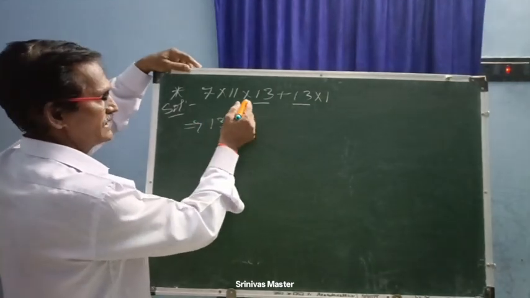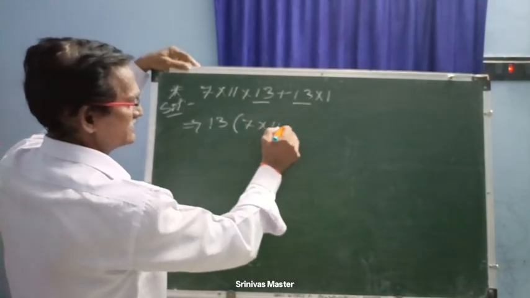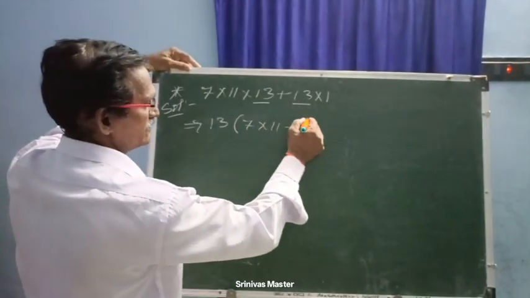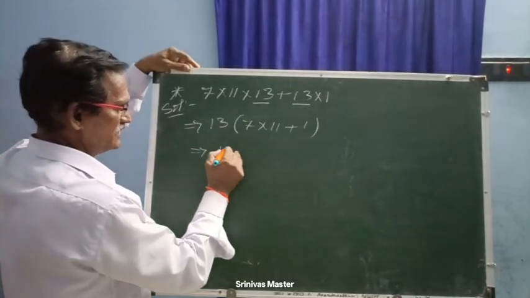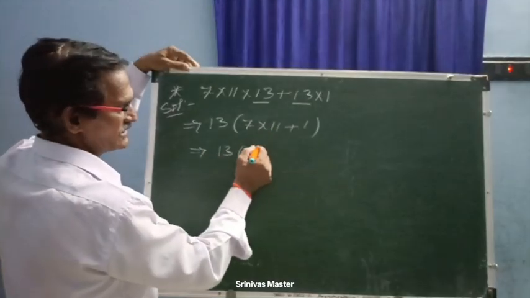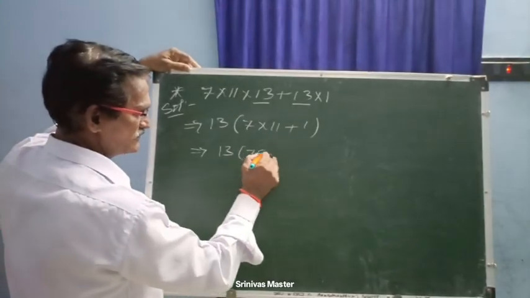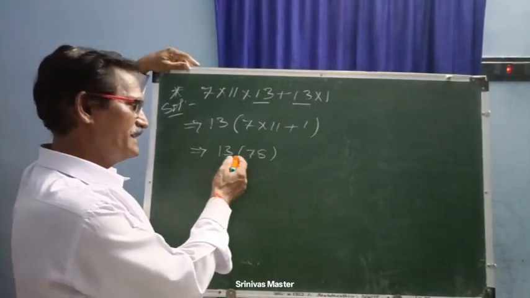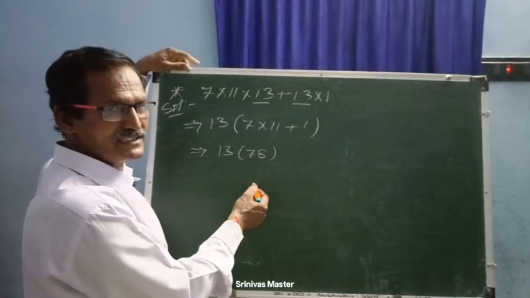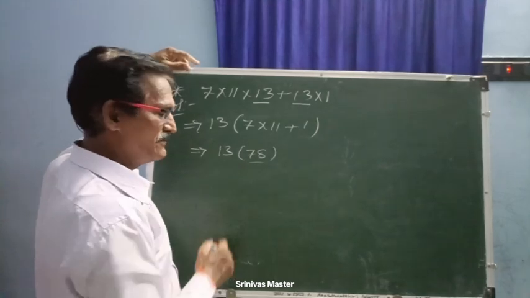Of what is left, 7 is left, 11 is left, plus 1 is left. That means 13 into 7 11s are 77, 77 plus 1 is 78. So 13 into 78, and 1 is also a factor. 3 factors you are getting. Still, if you want, you can check the factors of 78.